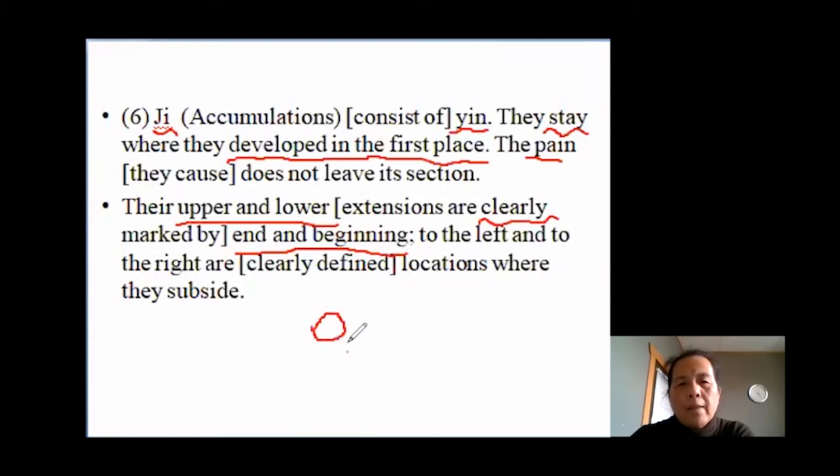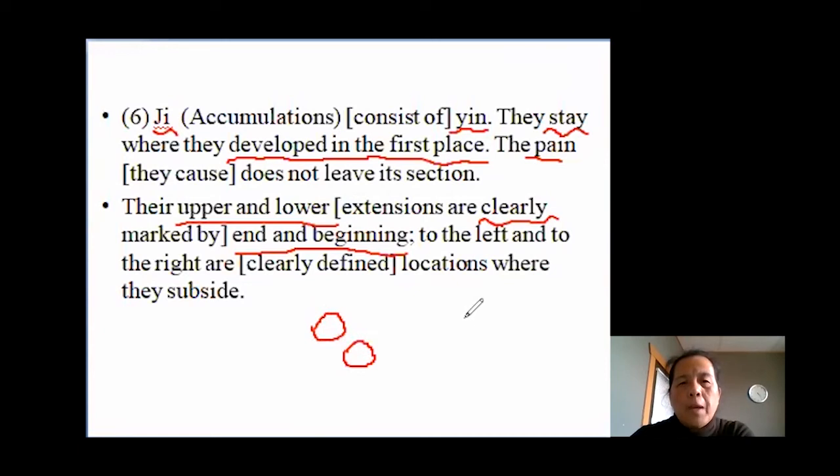But next day it may move into another part. But it is clear, you can clearly separate it from the surrounding tissue or other zangfu organs.